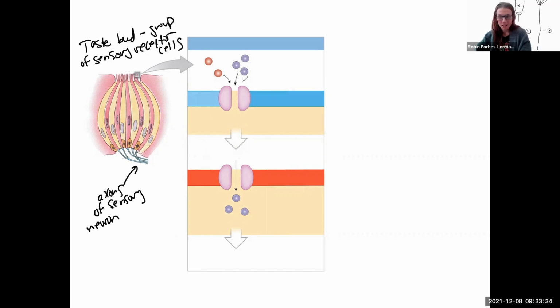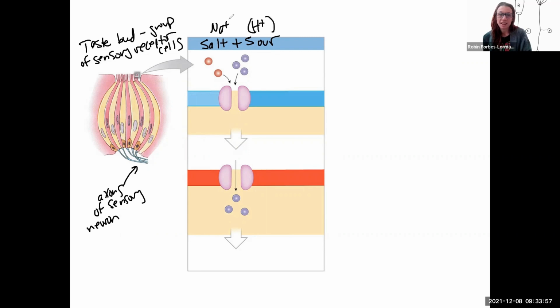So there's two different mechanisms for transduction. Just go ahead and tell you, one is a G protein, one is an ion channel. So for salt and sugar, I'm sorry, not wrong, salt and sour. So this is Na+ and H+.